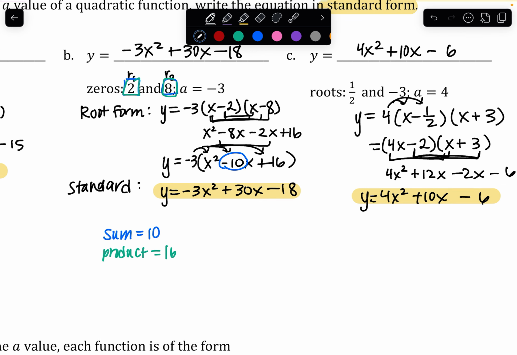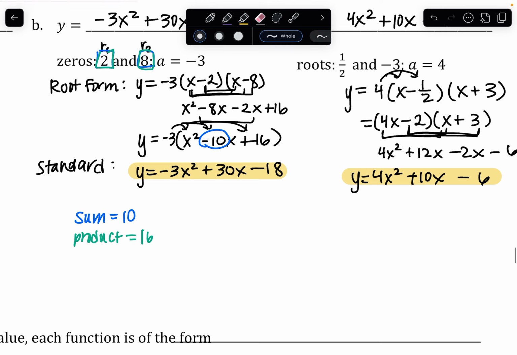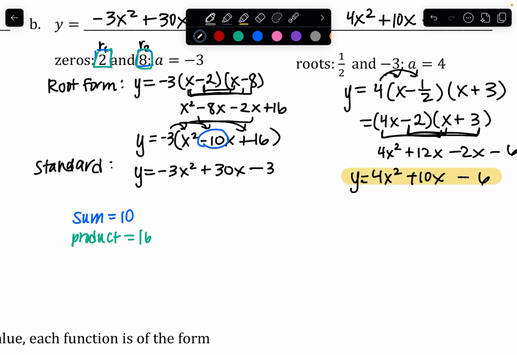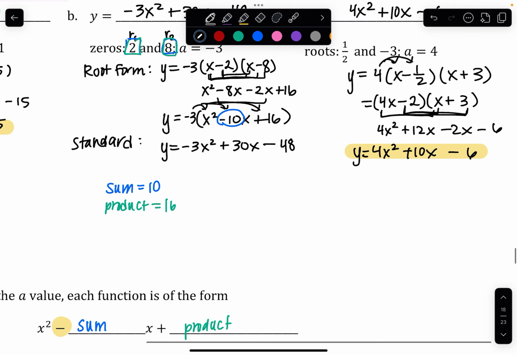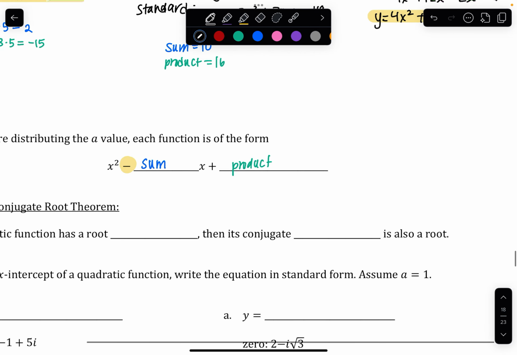That was a 16. And then that should have been a 48. Good way to check your work. Okay, and so the sum and product rule.